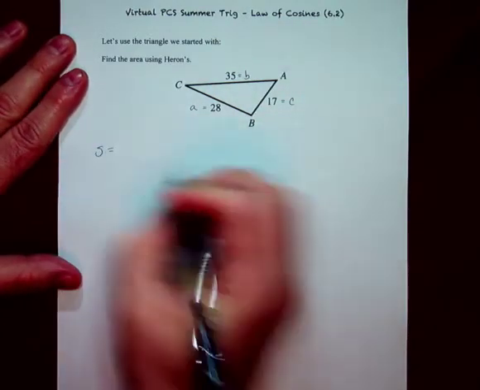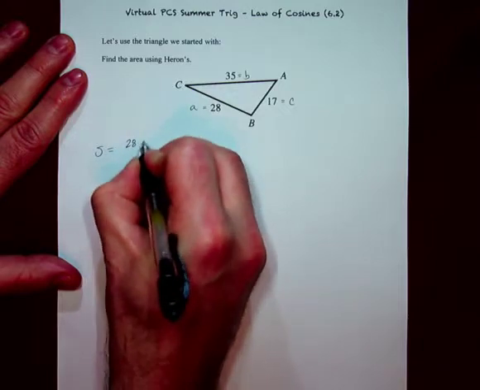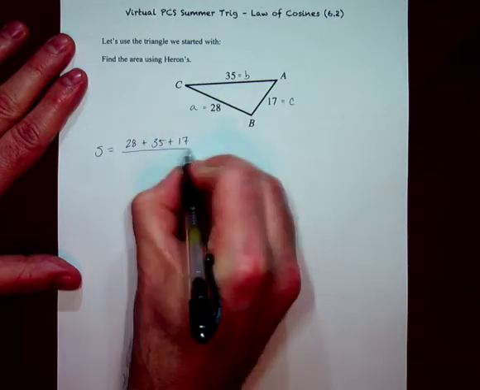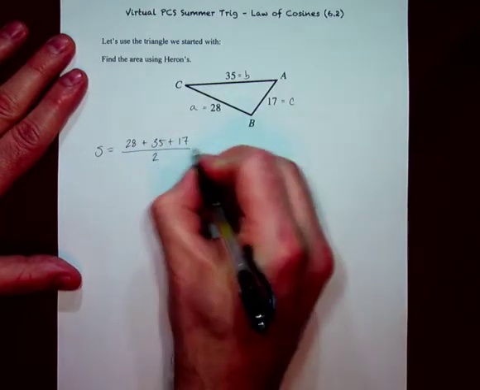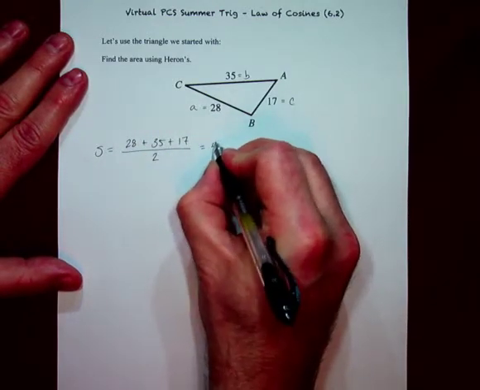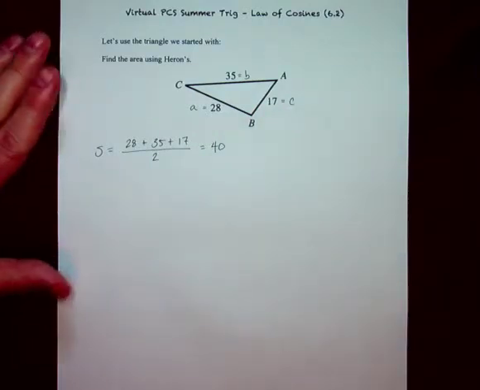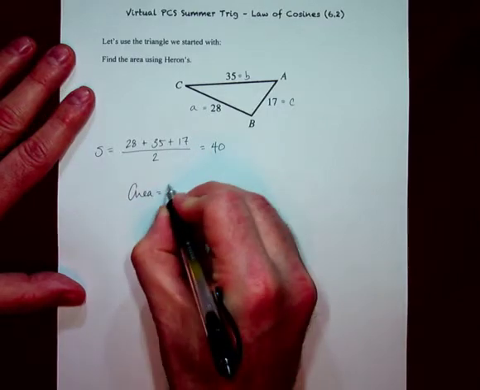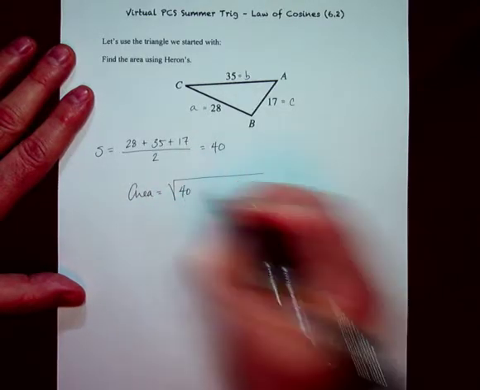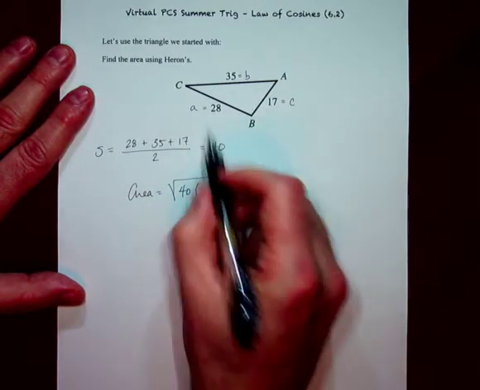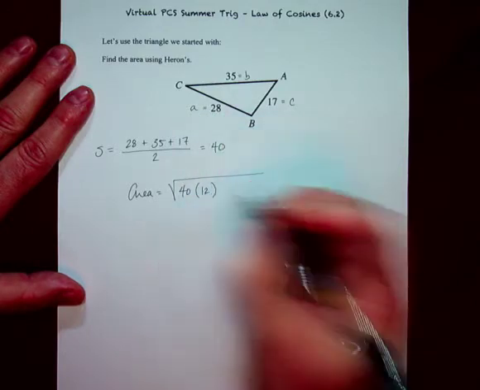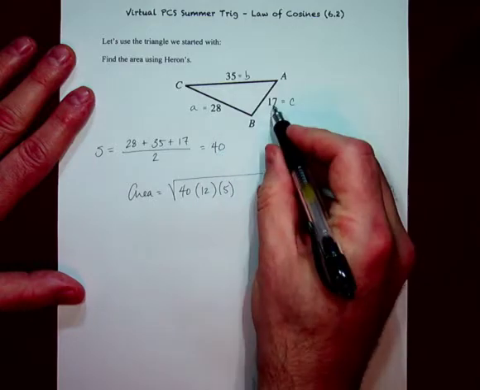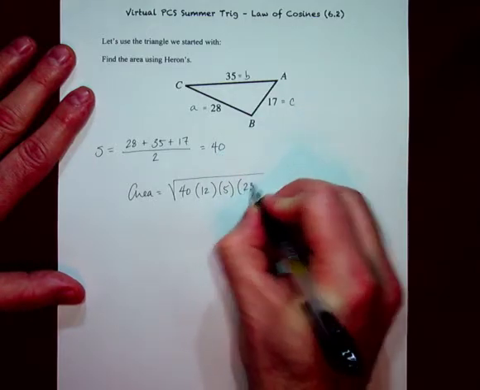My semi-perimeter is 28 plus 35 plus 17, which, by the way, is 80, and that winds up being 40. So my semi-perimeter is 40. So my area is equal to the square root of 40 times 40 minus A, which is 12, times 40 minus B, which is 5, and then 40 minus C, which is 23.